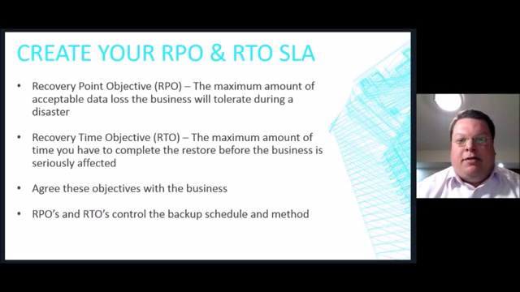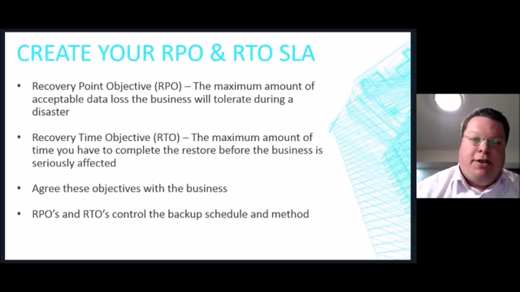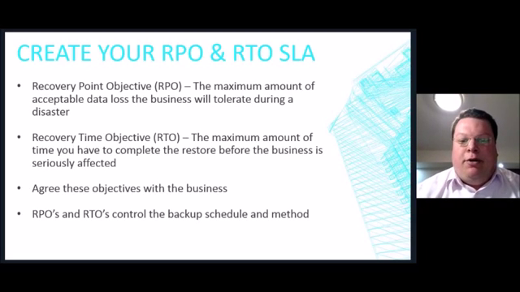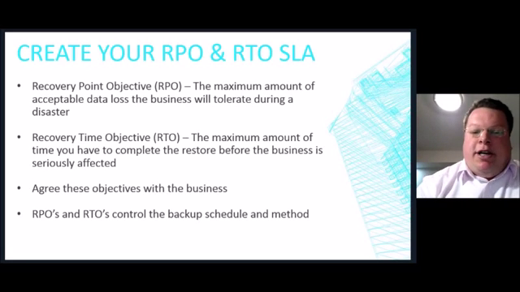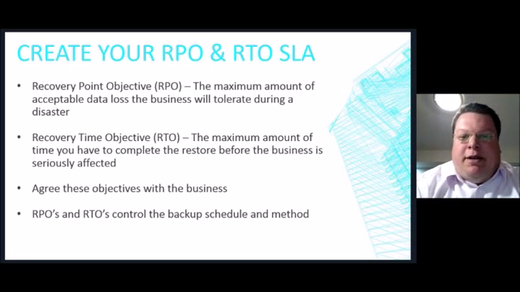So this usually means the business can only accept 4 hours worth of data loss. Maybe it's 2 hours, maybe it's a day, maybe it's a week. But that will be set by the business, and you should be talking to the business and getting that RPO defined. The RTO, the recovery time objective, is the amount of time that it's going to take you to restore your RPO.